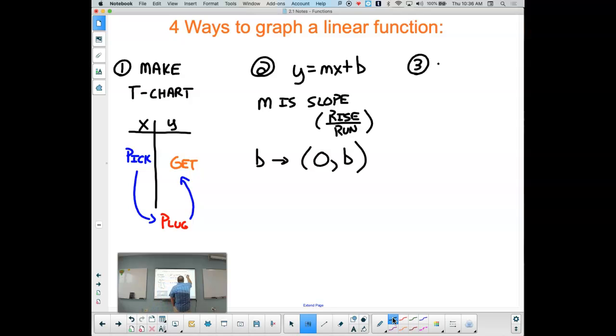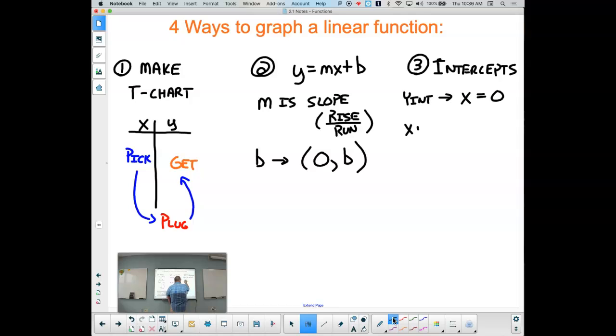And the third way is called the intercepts method. So the y-intercept is where x equals 0. So you would plug in 0 for x, and you would get out a value. Okay.